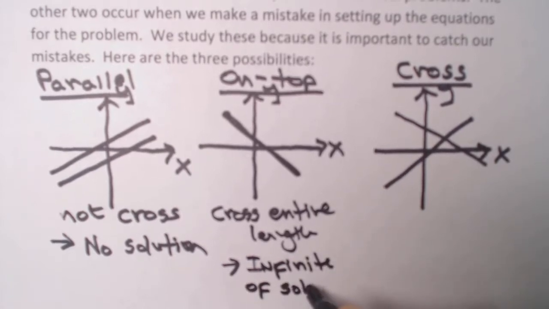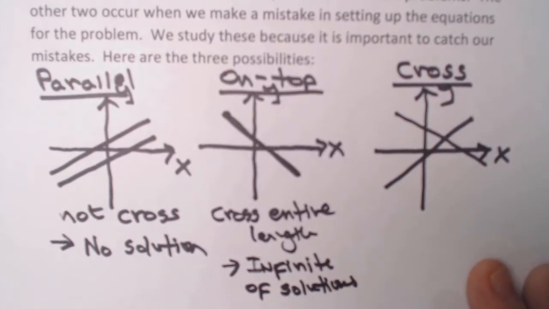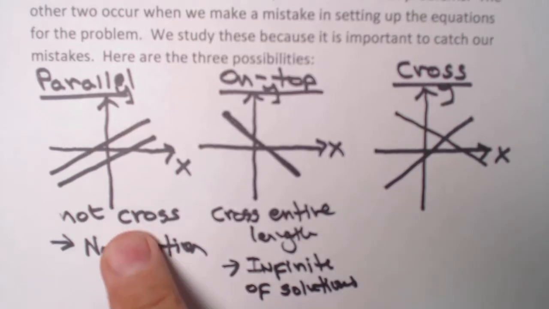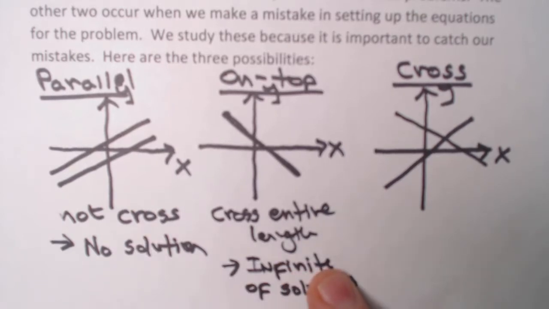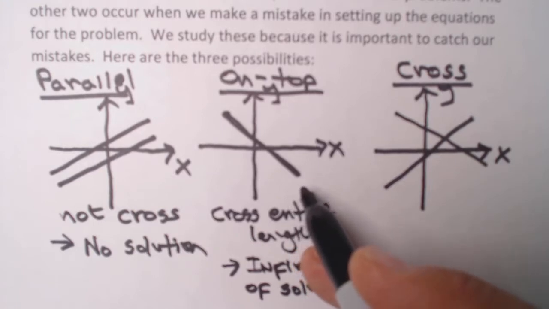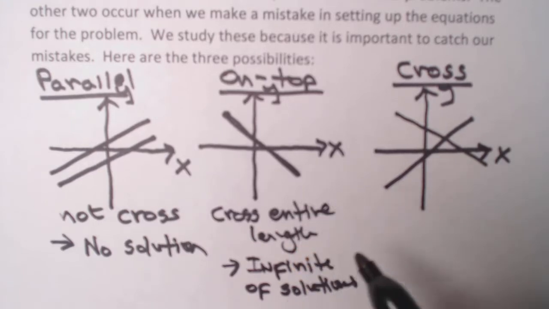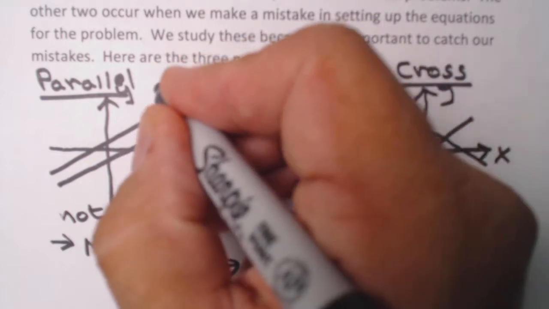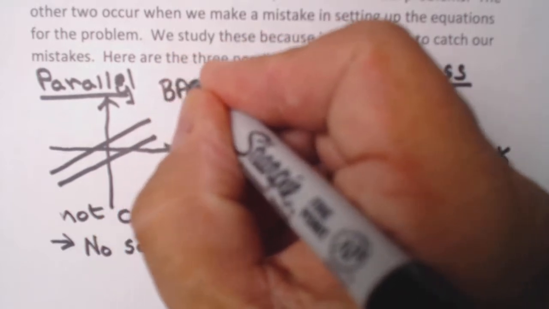Okay. Now, here's the first thing we want to say about these two that we've just talked about. These two do not happen in real problems. If you have a real problem and you get parallel lines or lines on top of each other, then you know you have a bad solution. I'm going to just say these two are the bad ones.